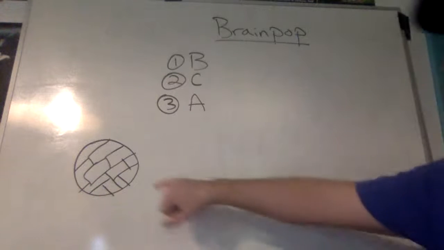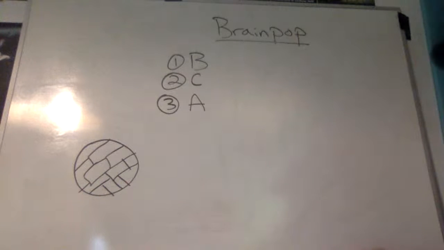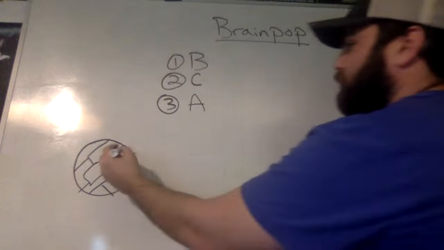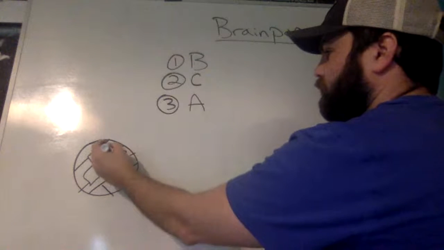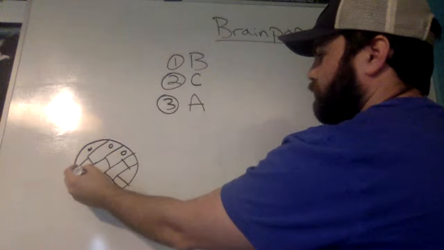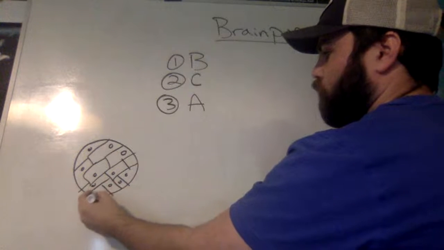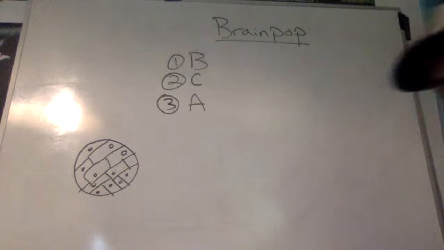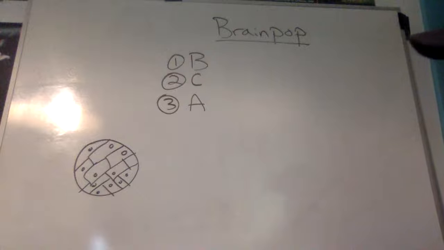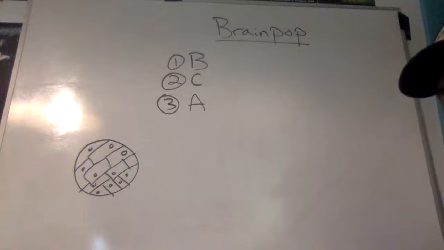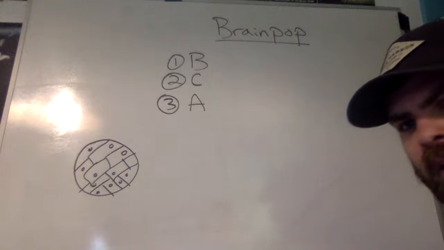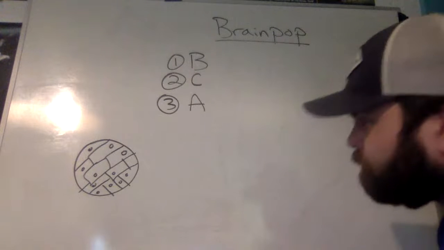And why would all those little onion things look something like this? What are all these little circles in those squares? You guys know?